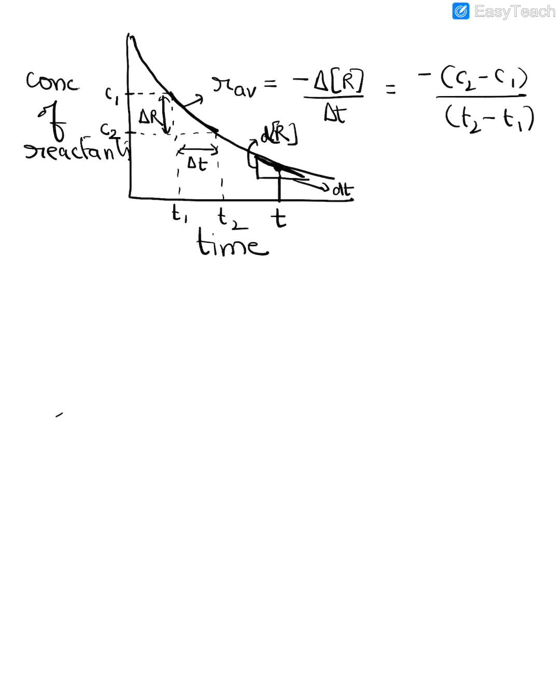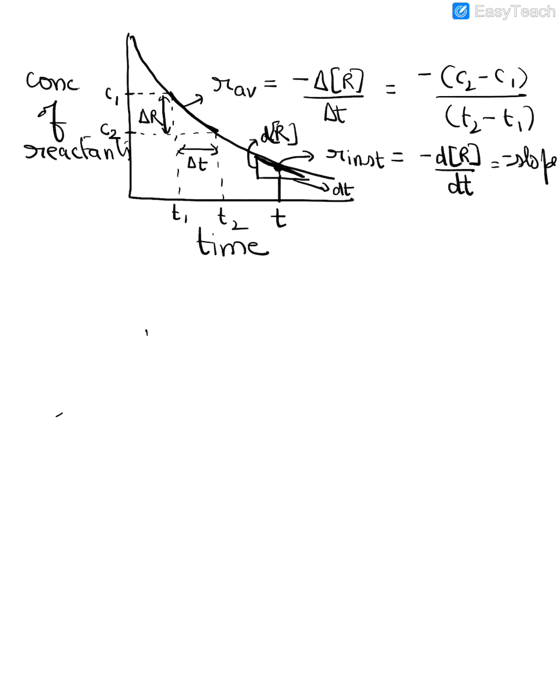And this slope is the instantaneous rate, which is written as minus dr upon dt. So minus slope will be the rate of the reaction, that is the instantaneous rate of the reaction.